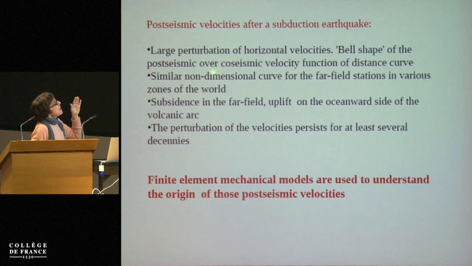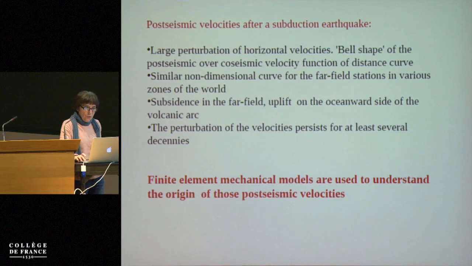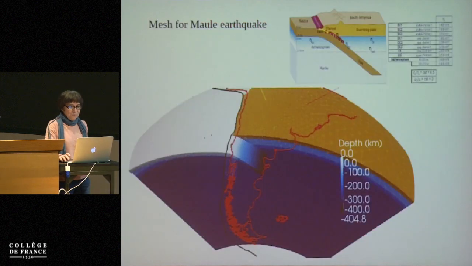The motion increases and then it tends to level off at large distances. The curves are similar in various zones of the world. There is subsidence in the far field and uplift on the oceanward side of the volcanic arc. And the velocities persist for several decades.